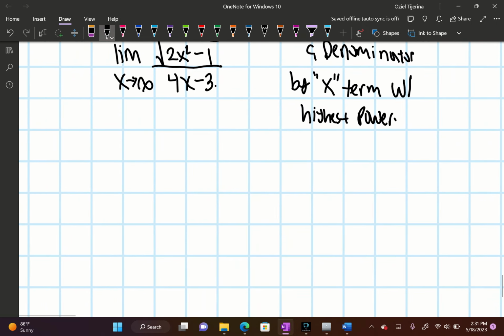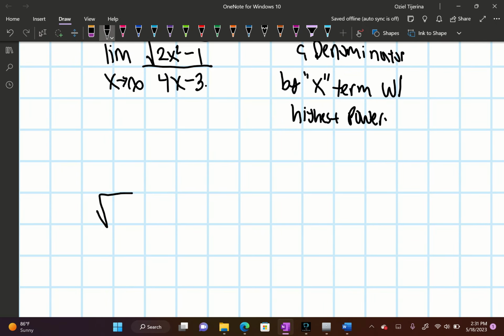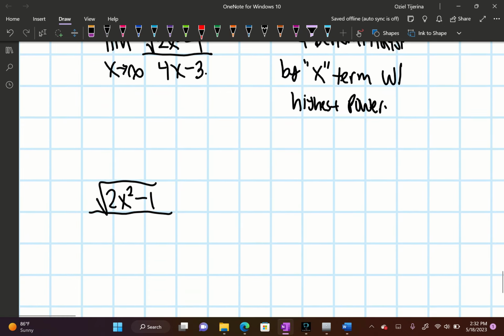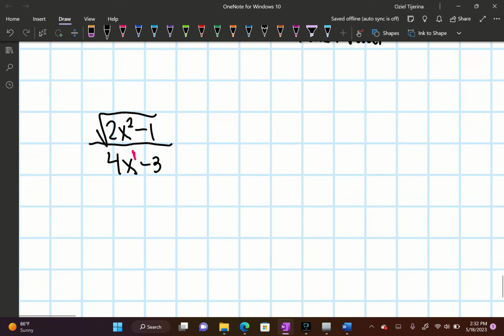So here we have the square root of 2x squared minus 1, and in the denominator, we have an exponent of 1 for x, and then it's going to be minus 3. So what we're really going to do is divide by this part, x to the first power.